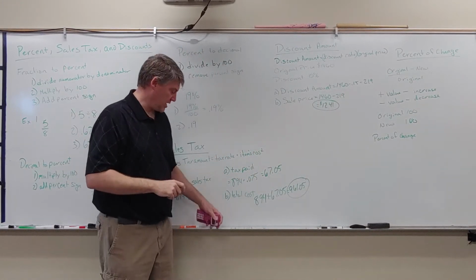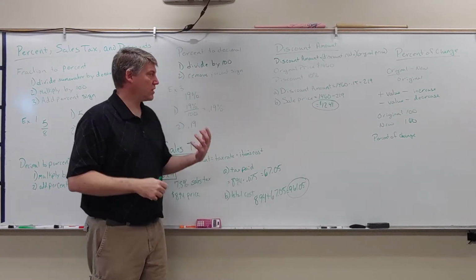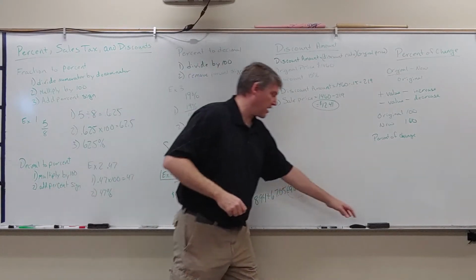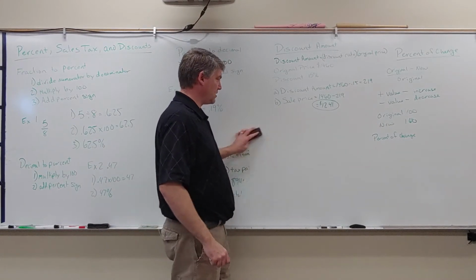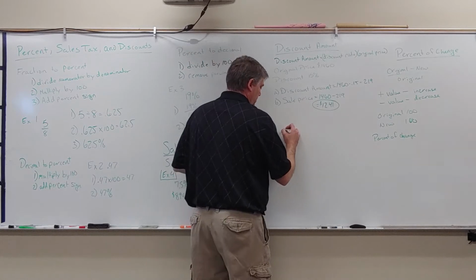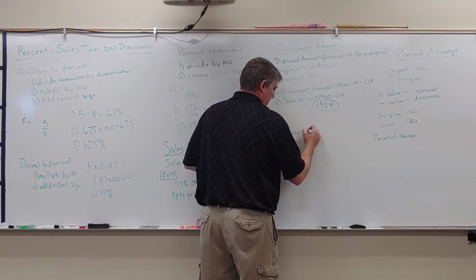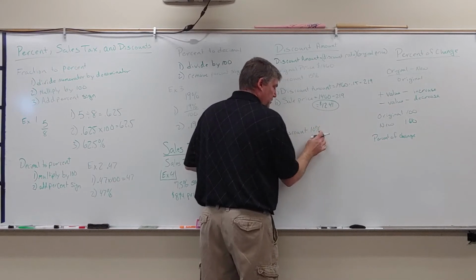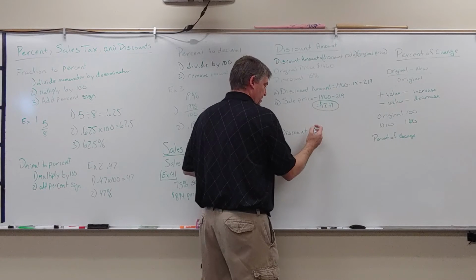There are a lot of ways to handle discount. So one of the things is, let's say my discount is, let's use 10%. Okay. Sometimes it's easier to multiply these. Actually, let's change this.